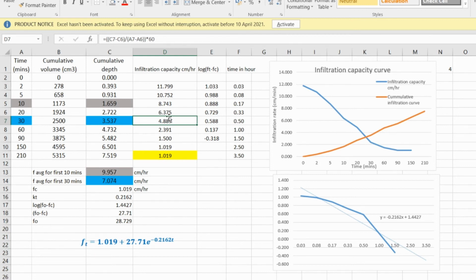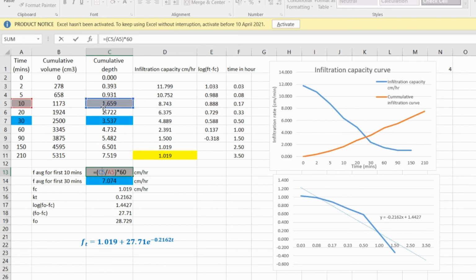So we have calculated the infiltration capacities. The next thing is to calculate the average infiltration for the first 10 minutes. I am calculating average infiltration here, not infiltration capacity, so you need to understand the difference. I'll double click on this to see how the average infiltration rate is calculated. I have taken the cumulative depth, the total infiltration depth till you reach 10 minutes.